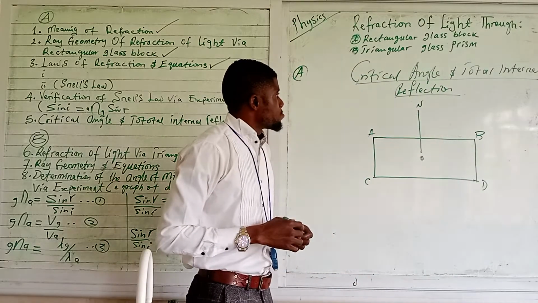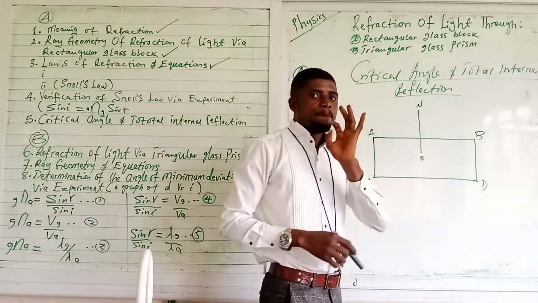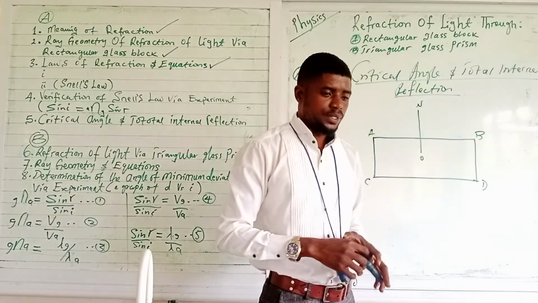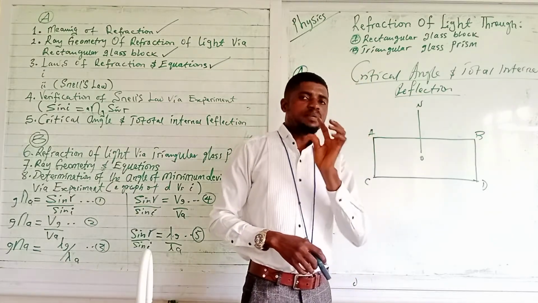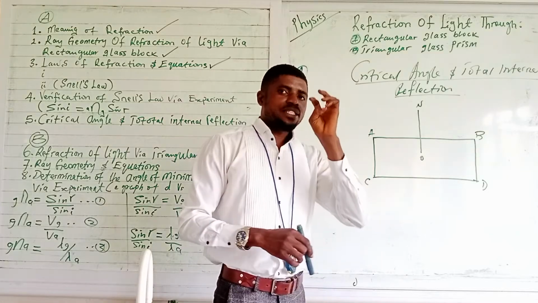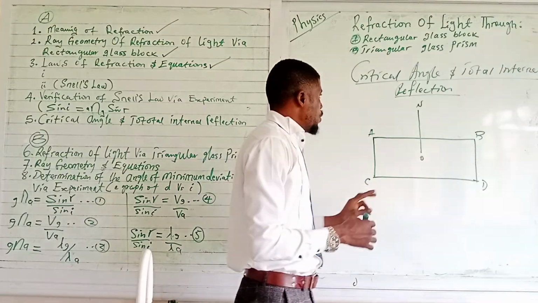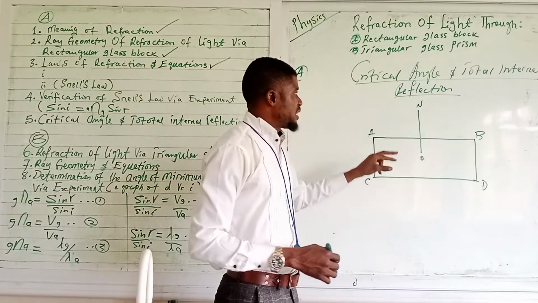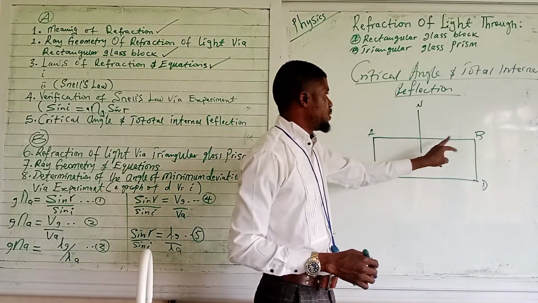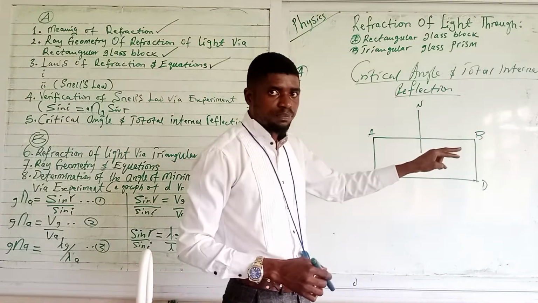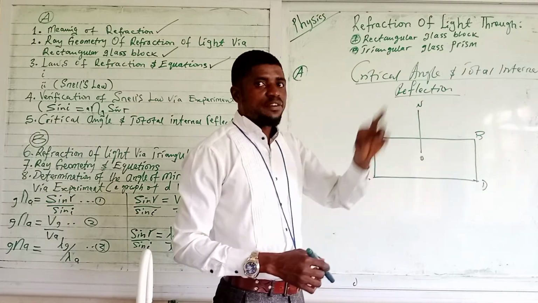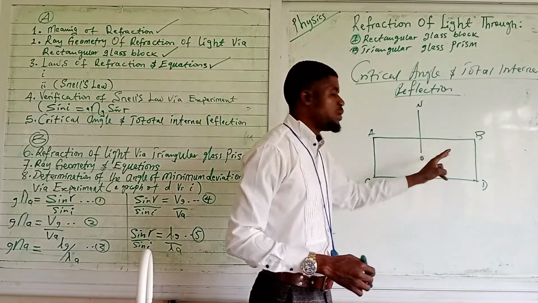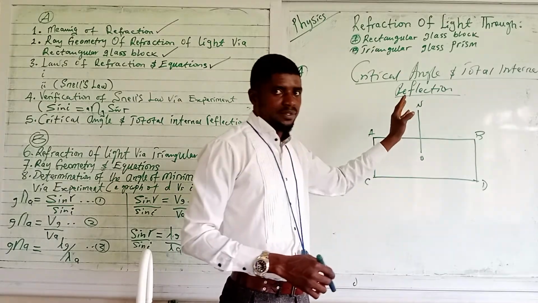Now, what do we mean by critical angle? Critical angle is simply defined as that angle of incidence in a denser medium that makes the angle of refraction at the interface between air and glass perpendicular to the normal.